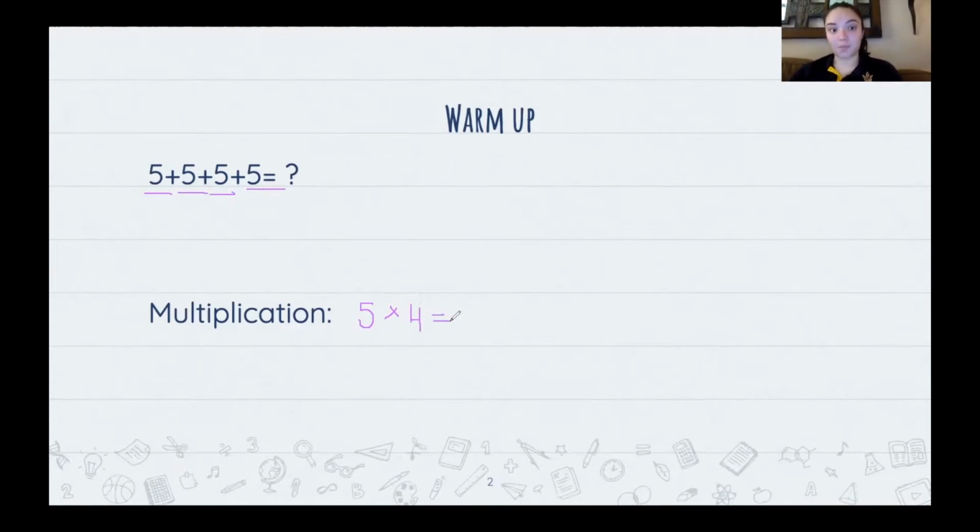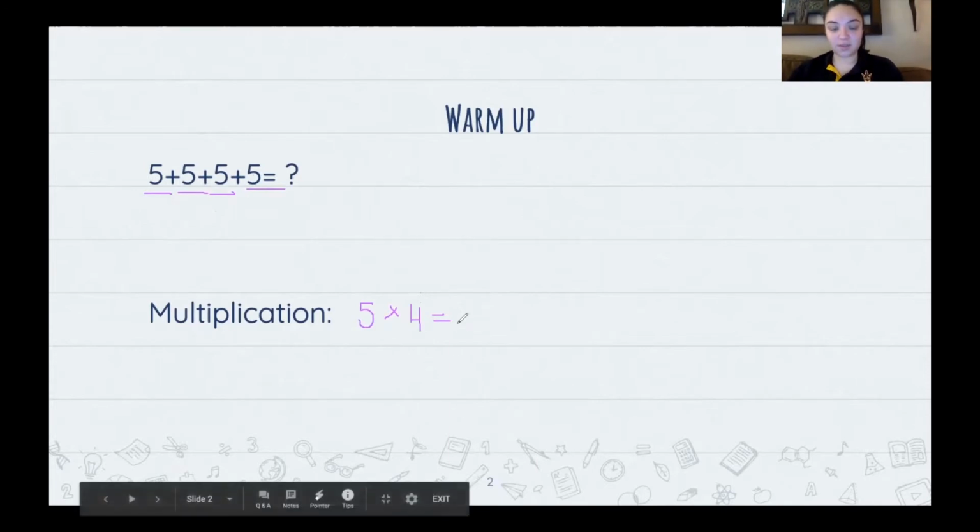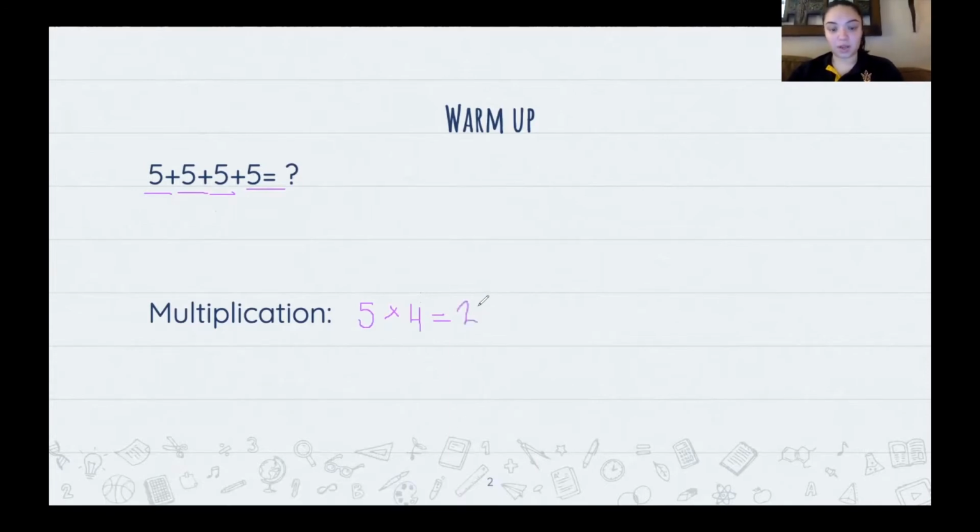We can just add the repeated addition equation, or we can skip count by 5s. I'm going to skip count because I think it's a little bit quicker. So we're going to go 5, 10, 15, and 20. So 5 times 4 is equal to 20.